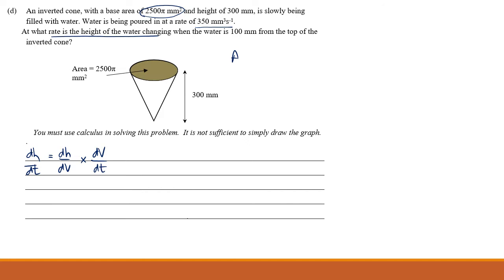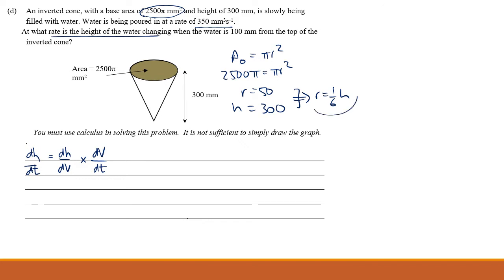Now what we're going to be able to do is, okay, with this base area, the area of the circle is pi r squared, or 2500 pi, so the radius is 50. With a height of 300, what we can assume is there is a relationship between the radius and the height, and the radius is just 1/6 of the height.